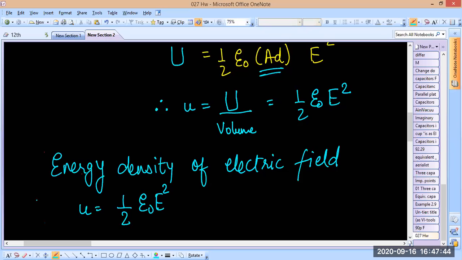We can also use this kind of symbol, rho for density and E for electric field. So this is the energy density of electric field. So remember this formula. It's an important formula.